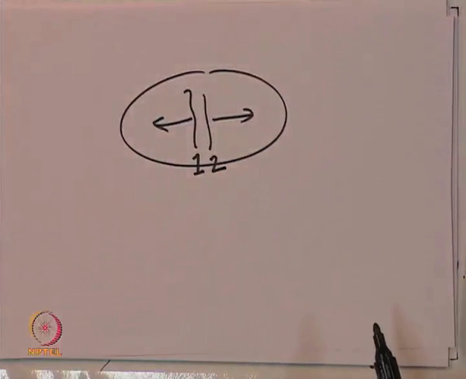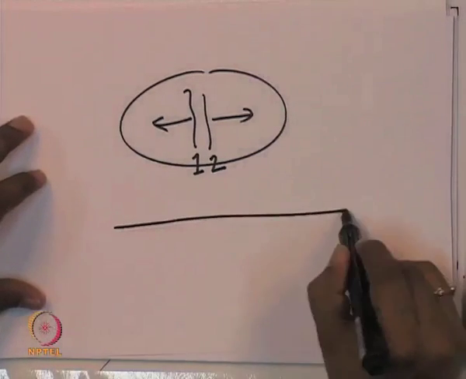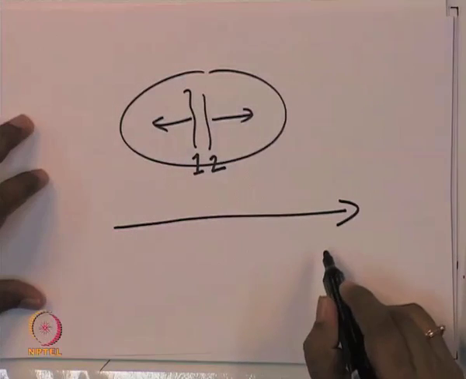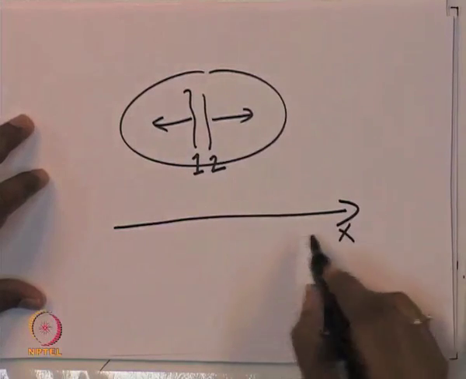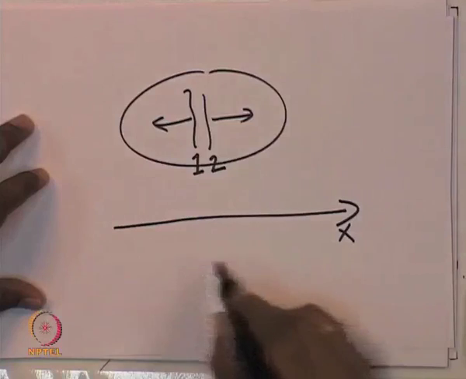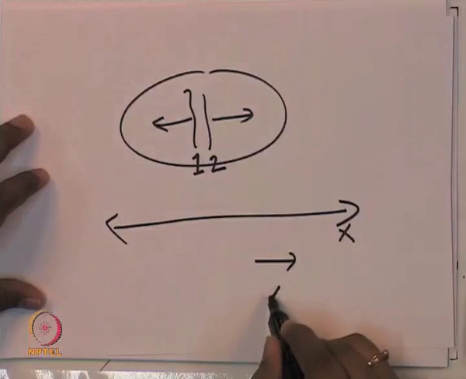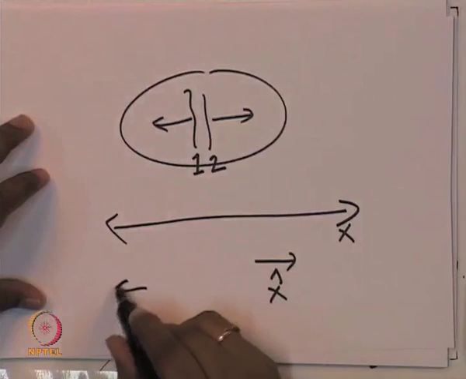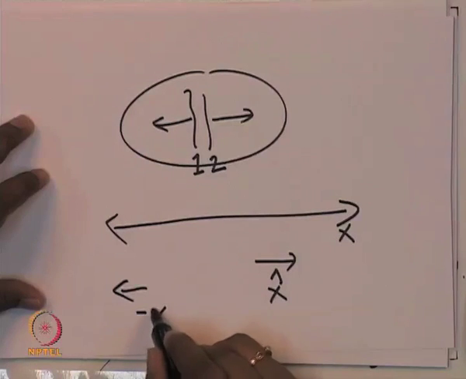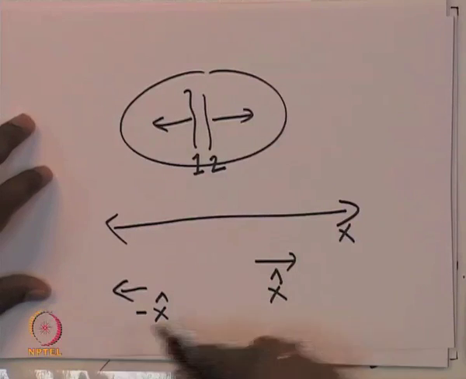So, let us first think of direction. Let us say this is your x axis. The direction of increasing x is plus x and the opposite direction is minus x.